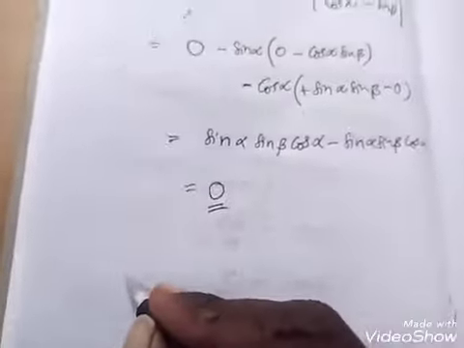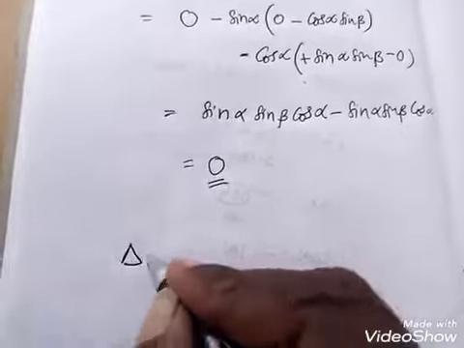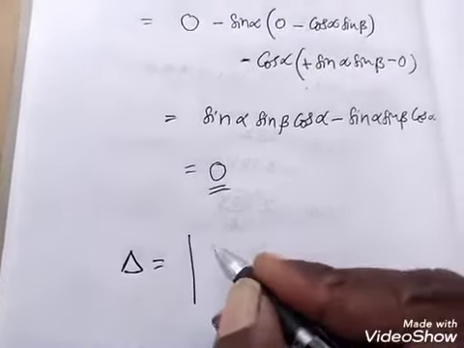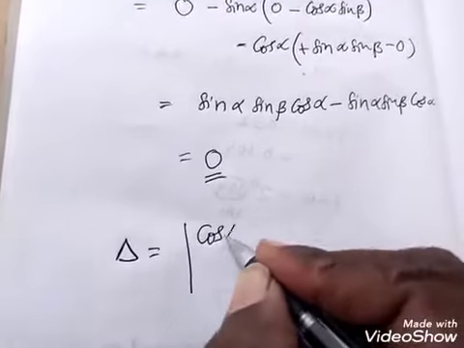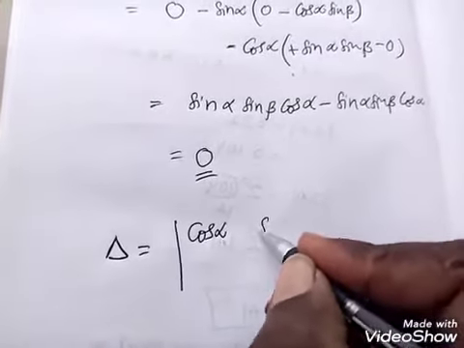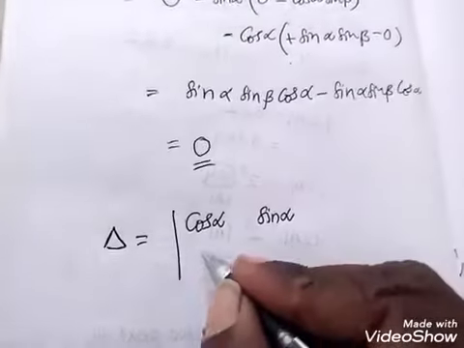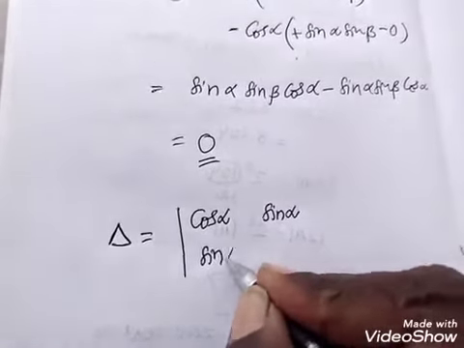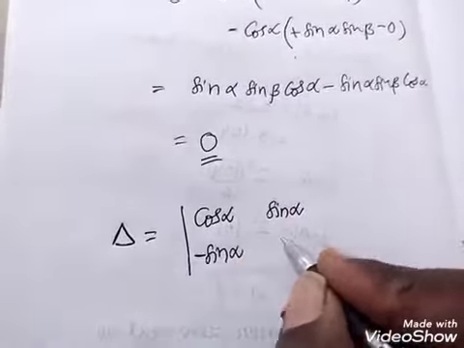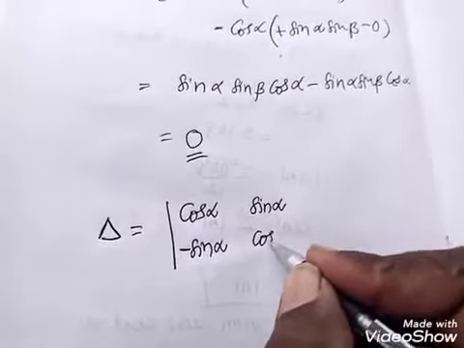Next example is, calculate the determinant of delta is equal to cos alpha, sin alpha, and here sin alpha, minus sin alpha, and this is cos alpha.